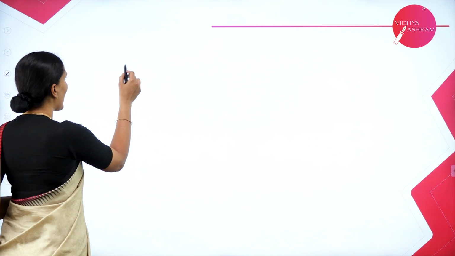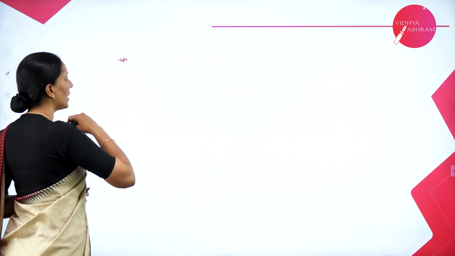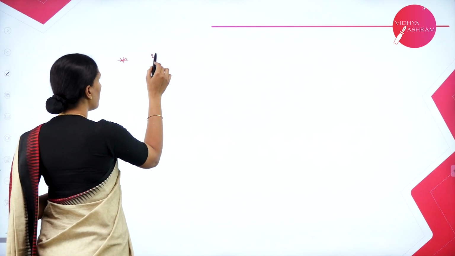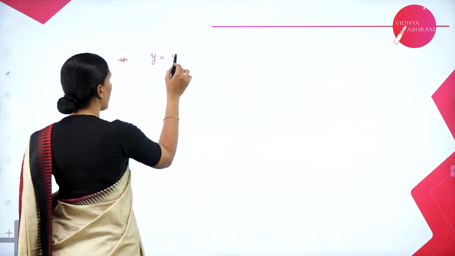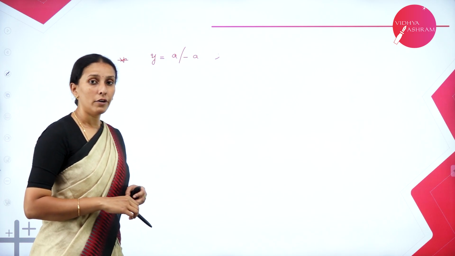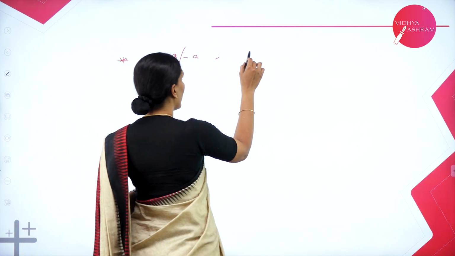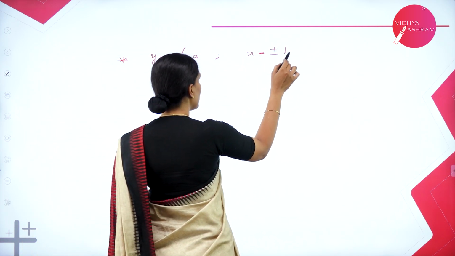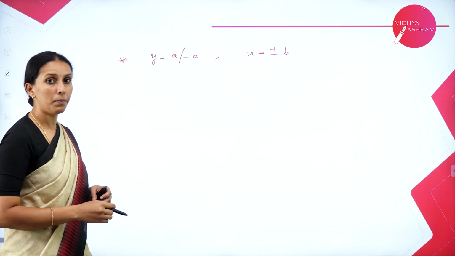So in this session we have learned the various equations of a line. The first thing is we have learned the equation of horizontal and vertical lines. The equation of horizontal lines will be of the form y = a or -a. Similarly, the equation of vertical lines will be of the form x = +b or -b, depending upon the position.